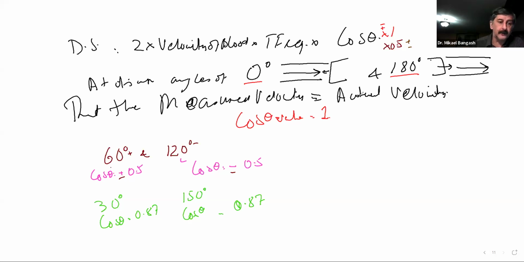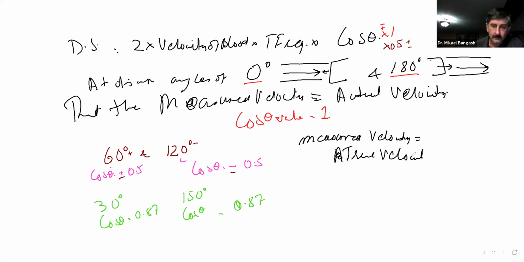No matter what, at all angles, measured velocity is equal to the true velocity times your cosine theta value.